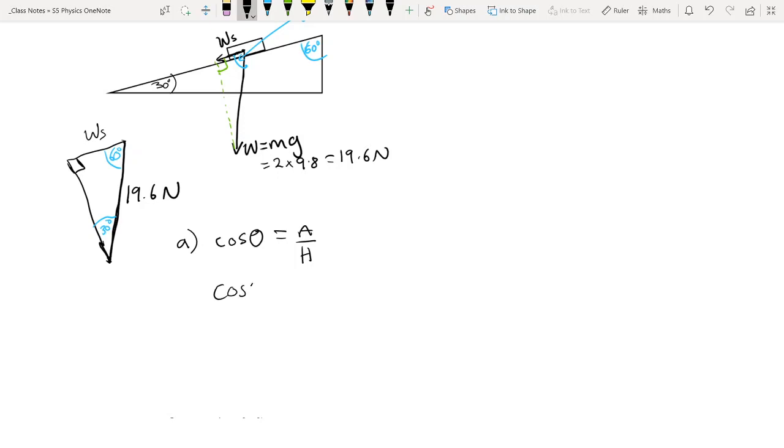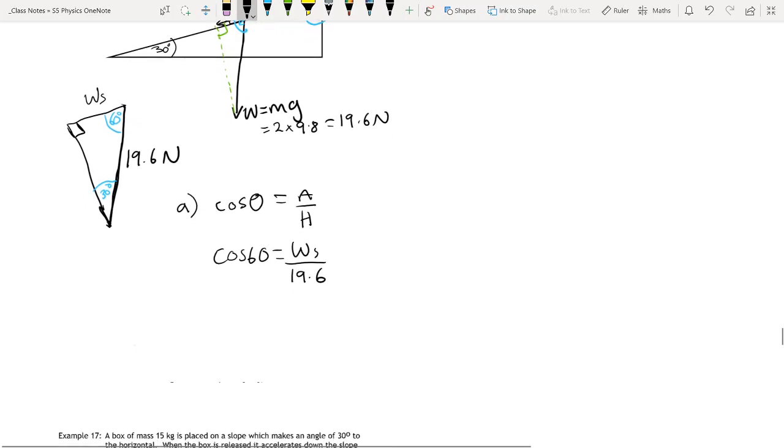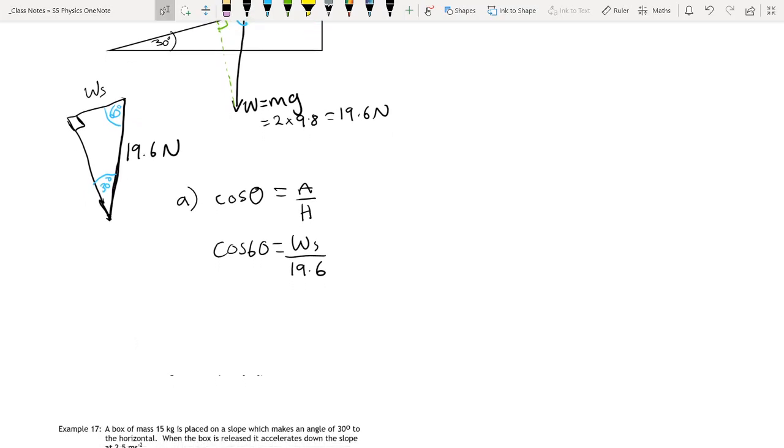Cos of 60 is the adjacent divided by the hypotenuse. So WS is 19.6 times cos 60, which comes to 9.8 newtons.